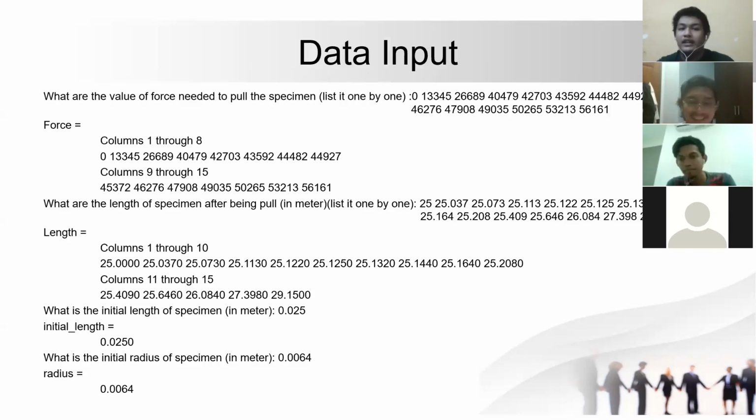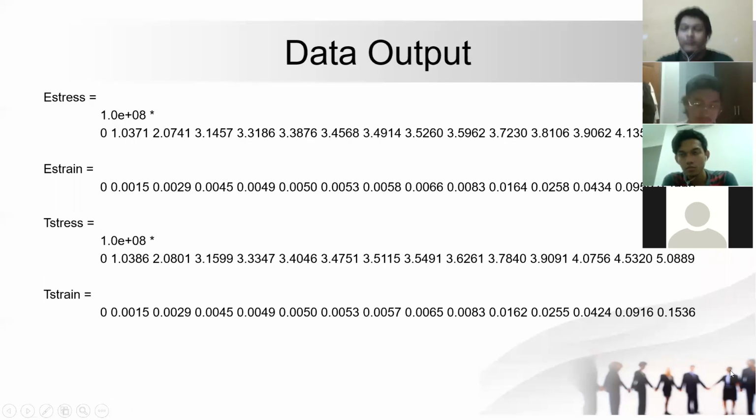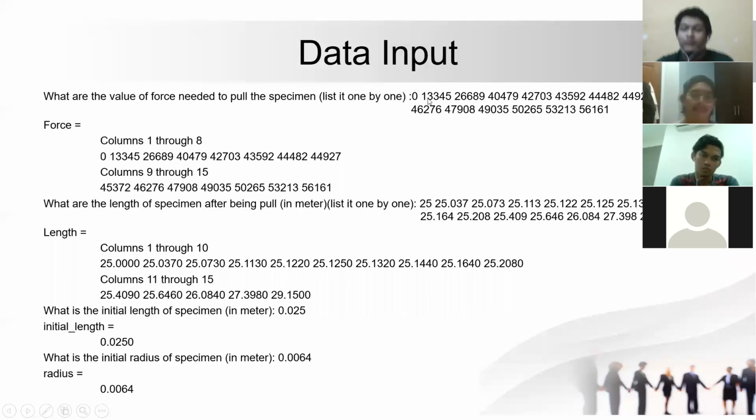So for the data input, we put the value of force one by one. We list it one by one, and then the program will give back the data in the form of a matrix. After that, we put in the length.